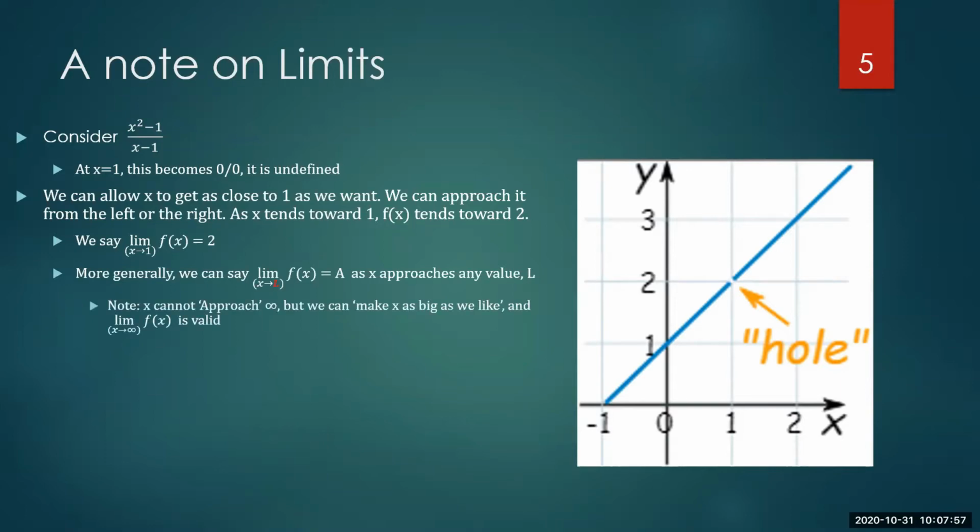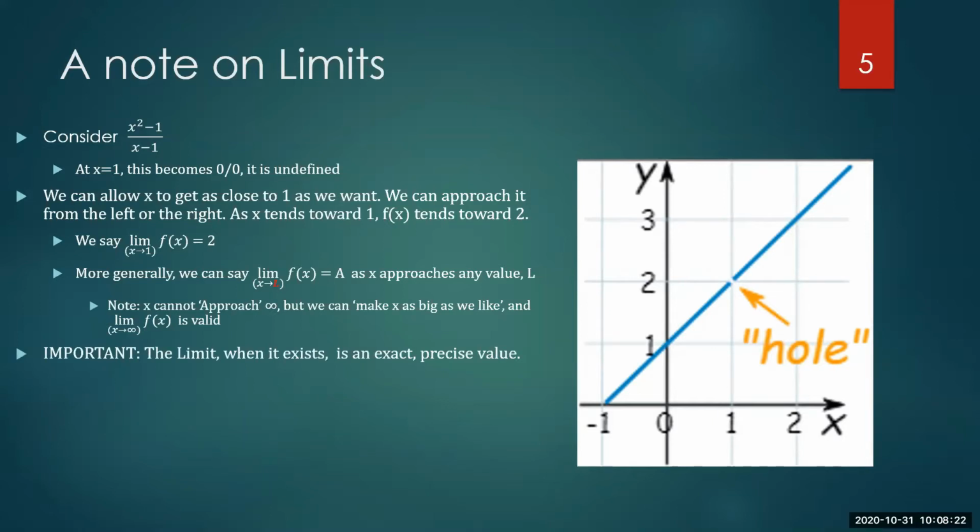Just as a sidebar to that, you can't approach infinity, because no matter how big you make x, it's still an infinite distance away from infinity. But we can make x as big as we like, and so we can state the limit as x tends toward infinity of f of x; that's a valid thing to say.